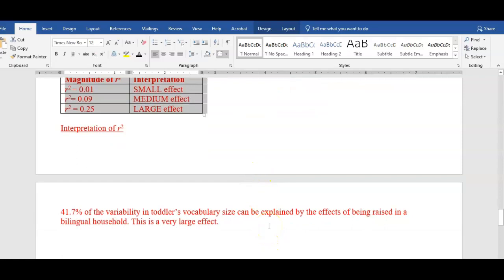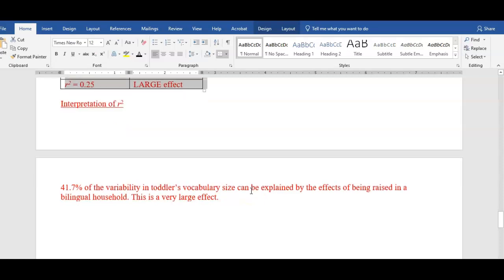It's actually allowing us to determine how much of the difference in scores between M, the mean of the sample, and mu, the mean of the population, how much of the difference in those scores or the variability between those scores is caused by the treatment that we gave. For example, in this problem with the birds, how much of it was caused by being in the plain side of the chamber, and so forth. And so use this as an example for how to interpret R squared. R squared is telling us how much of the variance in scores is explained by the treatment.